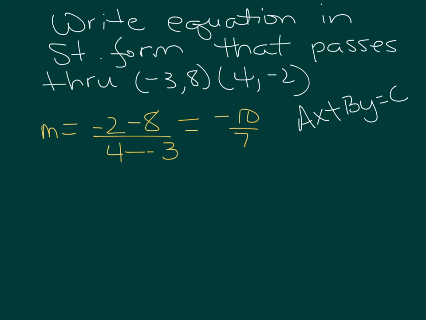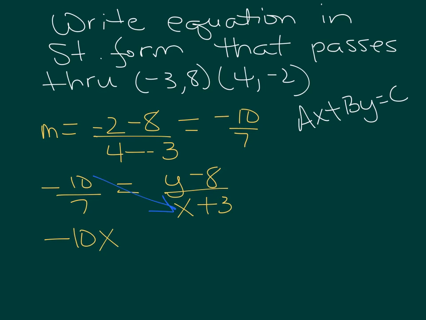Now I can use either point in the next step, so I'm going to do -10/7 equals y minus 8 over x plus 3. Now because I'm going to standard form, I'm going to cross multiply and go the x way first. So when I do that, I get -10x minus 30 equals 7y minus 56.